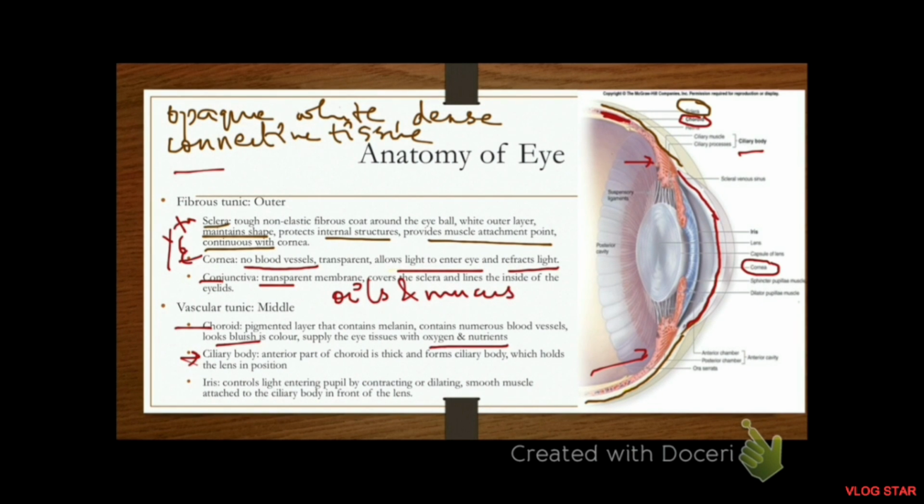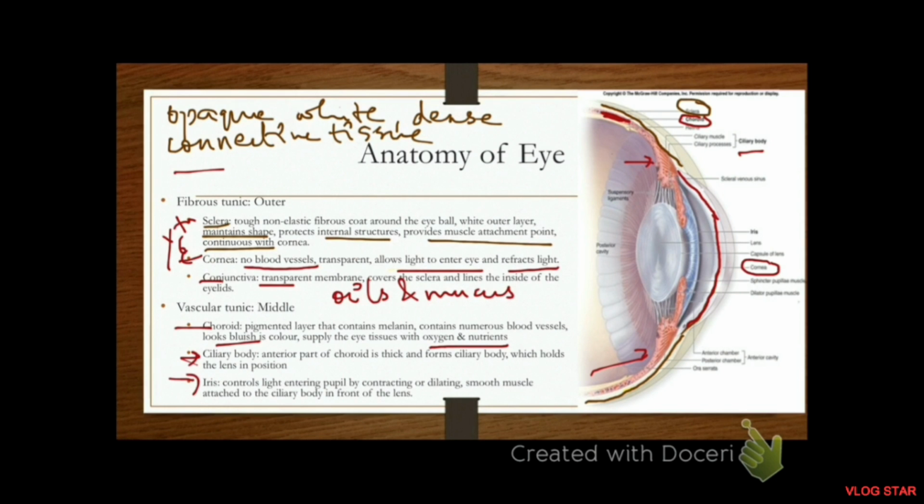So we now come to the next part of the middle layer, that is the iris. Beneath the cornea you have the iris layer. Now what is the role of the iris? It is the visible colored portion of the eye.